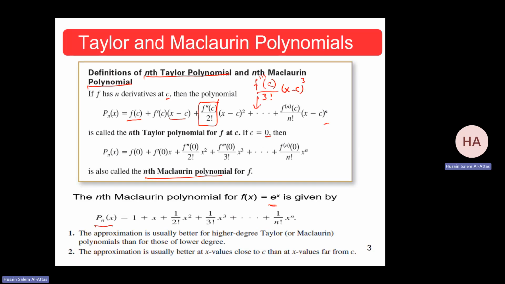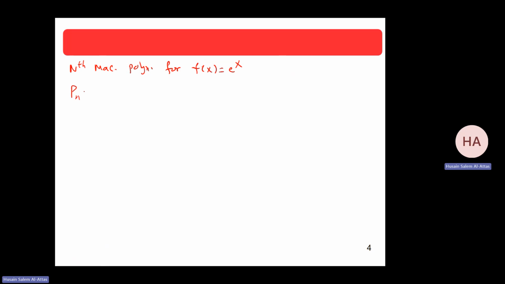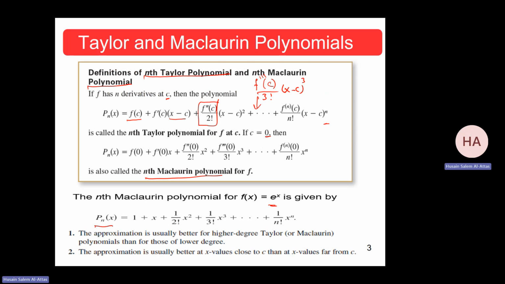Now, I want to find the nth Maclaurin polynomial for f of x equals e to the power x. Okay. What is the formula? Pn of x will be f at 0, plus f prime at 0 times x, plus f double prime at 0 over 2 factorial x squared, plus the nth derivative at 0 over n factorial x to the power n. That will be my formula.